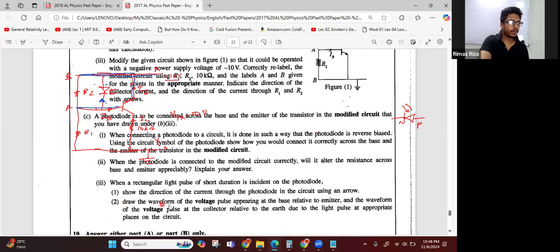Then draw the waveform of the voltage pulse appearing at the base relative to the emitter, and the waveform of the voltage pulse at the collector relative to the earth, due to the light pulse at appropriate phase on the circuit.